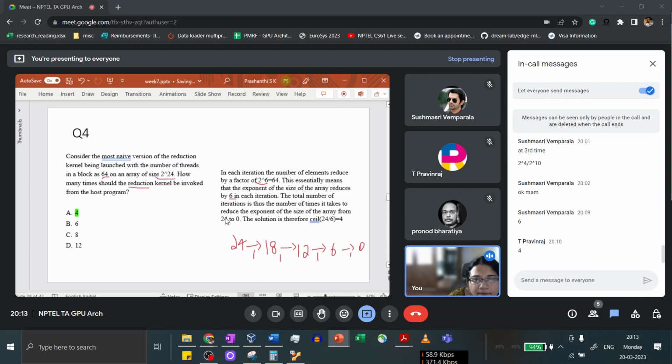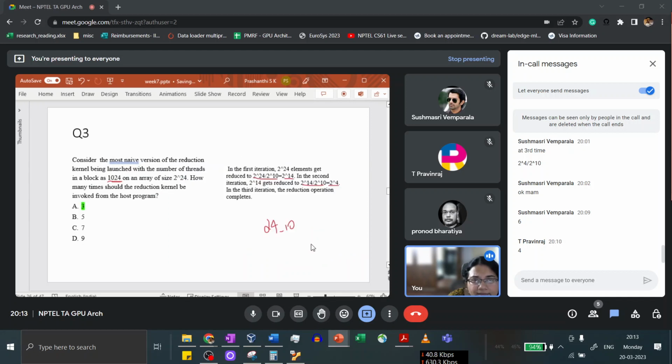And if you had to come up with a formula to do this, it would be ceil of the exponent of the array size divided by the exponent of the block size, right? So here 24 by 6 is 4 and ceil of 4 is just 4.